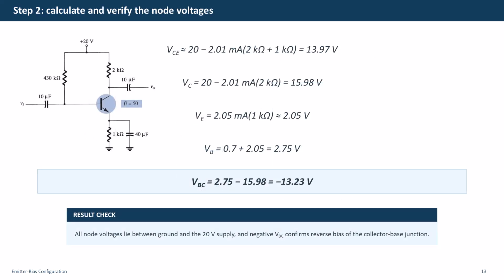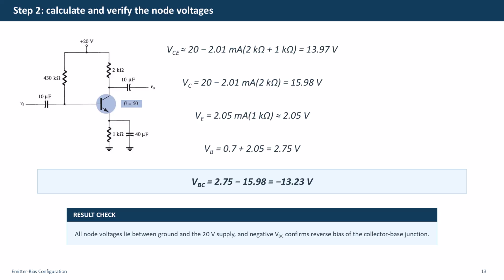Using the simplified output loop equation, VCE is 20 volts minus 2.01 milliamperes times 3 kilo ohms, giving approximately 13.97 volts. The collector voltage is 20 minus the drop across the 2 kilo ohm collector resistor, or 15.98 volts.